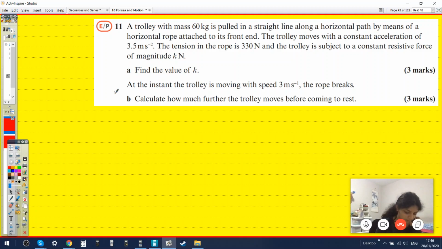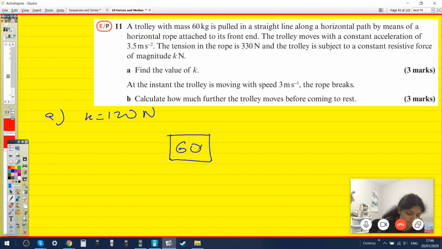K is equal to 120 newtons. Okay. Wait, S equals U plus V over T is the actual formula, right?